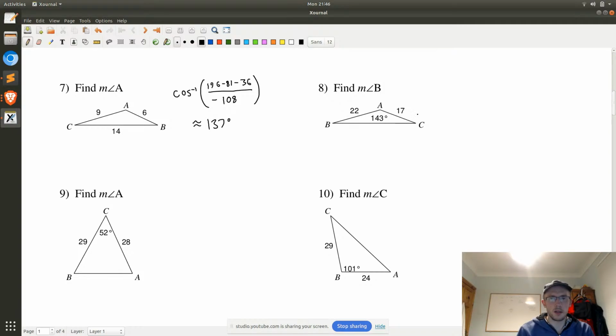Okay, so angle B here is going to require a little bit more thought. Right. So apply the sine rule to get BC first.